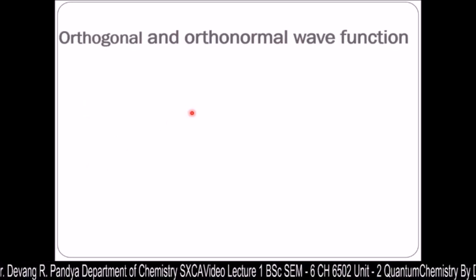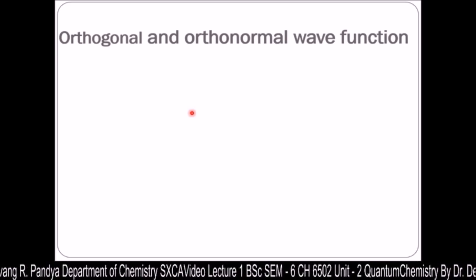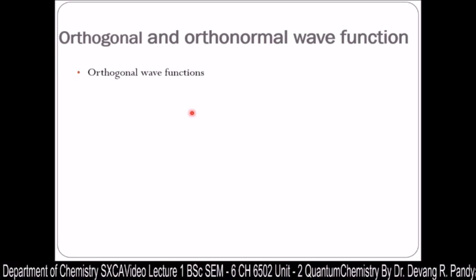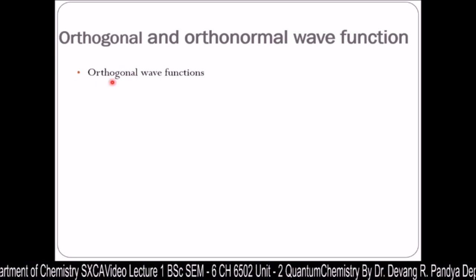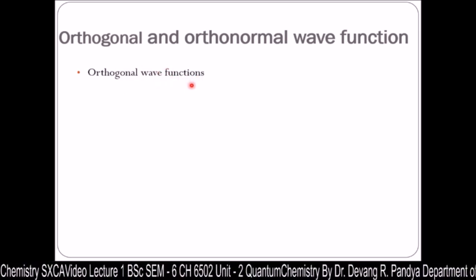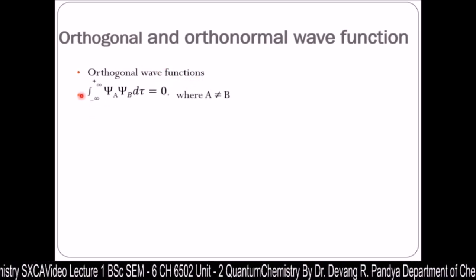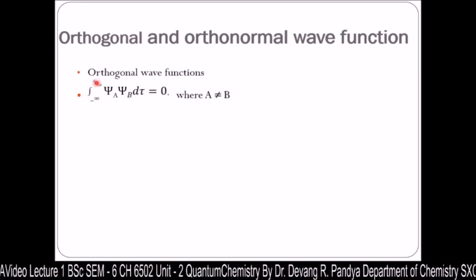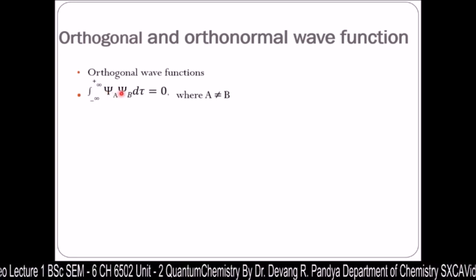Now the next condition is orthogonal and orthonormal wave functions. If we have two different wave functions, then the condition of orthogonality can be explained mathematically like this: integration from minus infinity to plus infinity of psi a into psi b d tau.